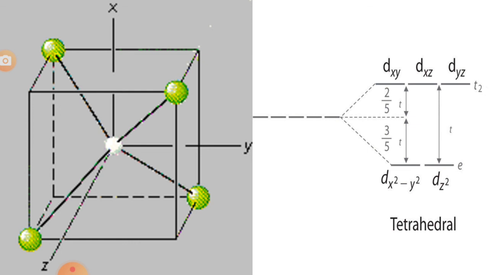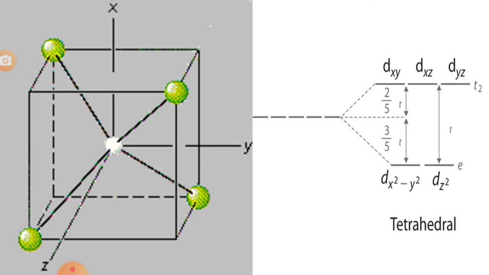So the splitting in a tetrahedral field is such that the total increase in the energy of the T2g set, that means the dxy, dyz and dxz orbitals, over the energy of the hypothetical state is completely balanced by the total decrease in the energy of the Eg set. That Eg set is dx square minus y square and dz square. The Eg set remains degenerate in tetrahedral field.